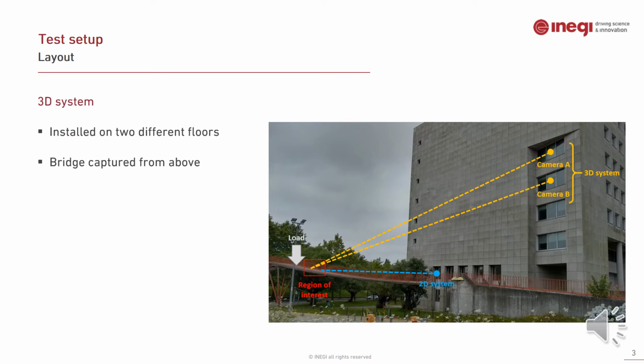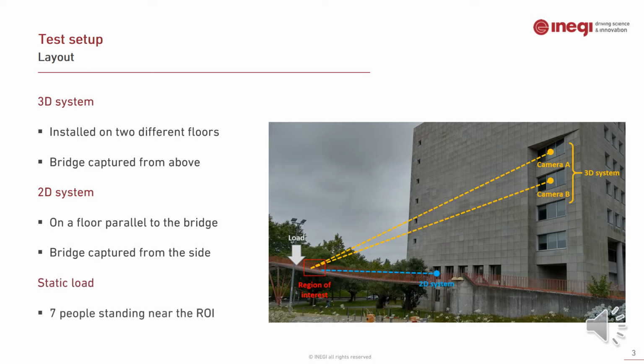So the 3D system was installed on two different floors and captured the bridge from above, whereas we had a 2D digital image correlation system as well on the ground floor parallel to the bridge and looking at it from the side. And the load was static and consisted of a group of 7 people standing near the region of interest, there where it says load on the schematic.